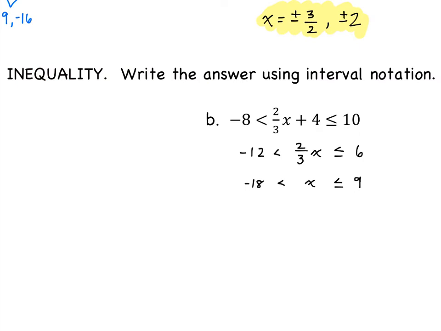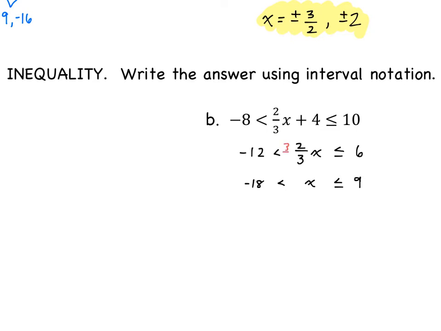Moving on to the next inequality. This is a compound inequality where whatever happens to the middle has to go and happen to the outsides as well. So to get x by itself, we subtract 4 from all 3 locations. And now how do we get x by itself here? Well, we can multiply everything by the reciprocal.